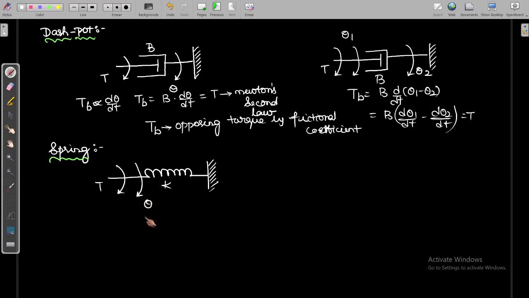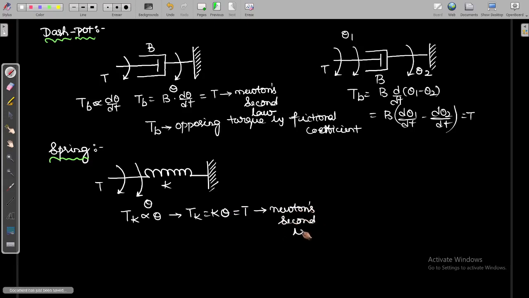We can write the opposing torque, represented as Tk, as proportional to displacement theta, equal to k into theta in the case of the torsional spring, which is also equal to T from Newton's second law.